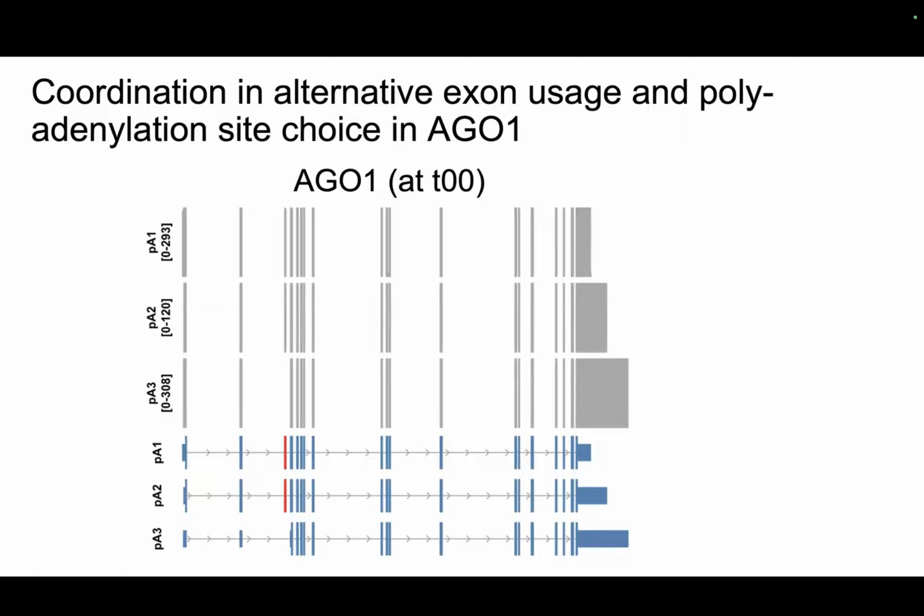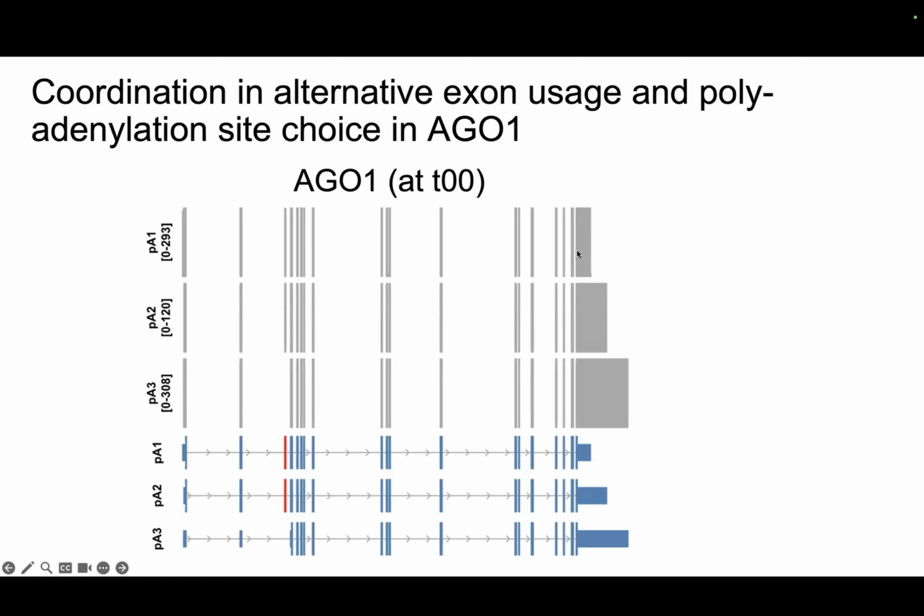It's basically all of the transcript is present in every read, like you'd expect. The way we've summarized this is to 3 poly-A sites. This is poly-A site 1, poly-A site 2, and poly-A site 3, corresponding to my ABC isoforms before.